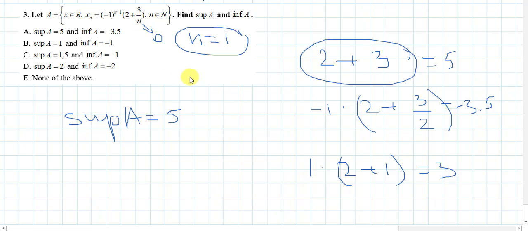And also we have the infimum of our set. This is minus 3.5. This is infimum of A, minus 3.5, because this is the greatest lower bound. So that's all. Thank you for your attention again.